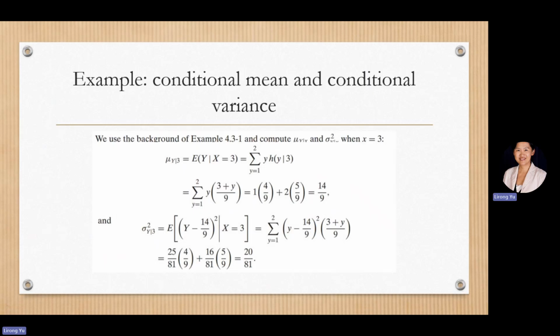Computation wise, you're calculating the y value multiplied by each one of these distributions. Now we will need the distribution for every y value given x equals 3. So what we need to do is y value times the distribution of y. So we would be looking at x equals 3, right?